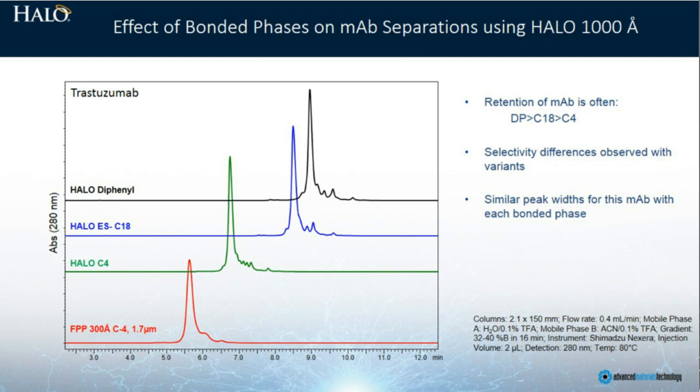There's clearly some subtle selectivity differences that you see when you look at the smaller variants of these protein sequences. That is, the peaks that precede the main or the bulk of the monoclonal antibody present, as well as the trailing peaks. The patterns look a little different, and they're resolved to a different extent across the three different phases.